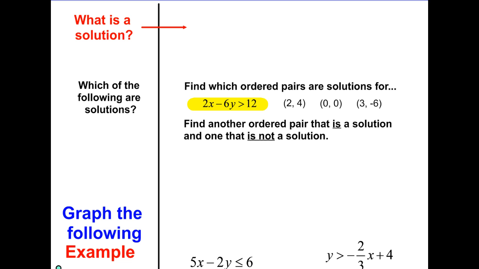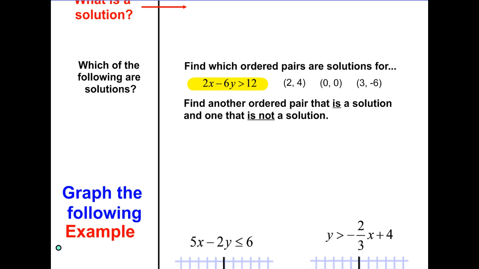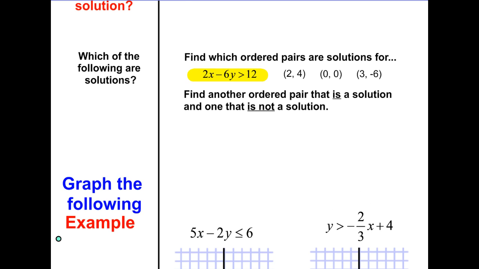So let's do an example and see if you know what I mean. Which of the following are solutions to the inequality 2x minus 6y is greater than 12? All we have to do is plug it in and check whether it works. Remember, with inequalities, there's not only one right answer. We plug our x and our y into the inequality. I'm going to use 2 and 4.